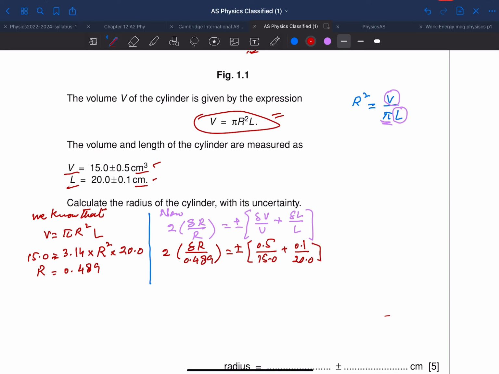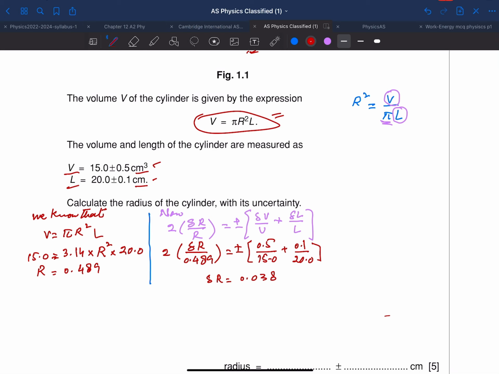The calculation is giving you, I'm not going to calculate the whole thing just to save time, the value as 0.038.